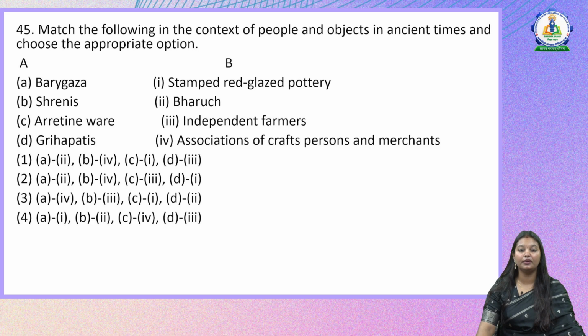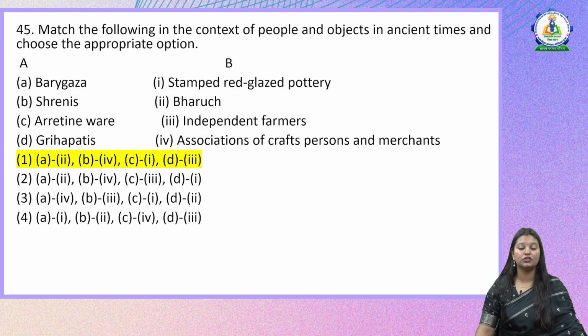The Grihapatis are independent farmers. The Arentine ware is a stamped red glazed pottery. Shrenis are associations of craft persons and merchants, and Brigaza, otherwise called Bharuch, is in Gujarat. So the right answer here would be option 1.